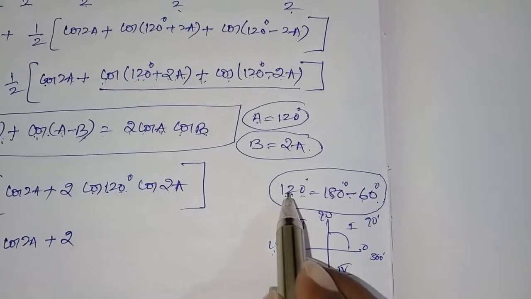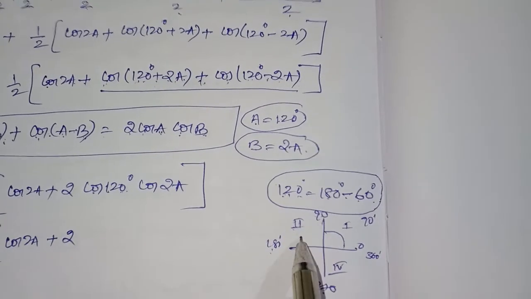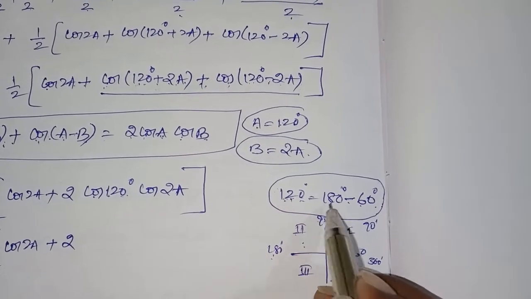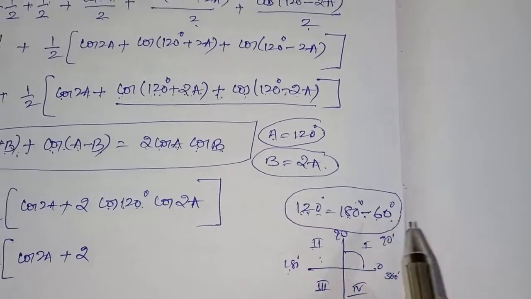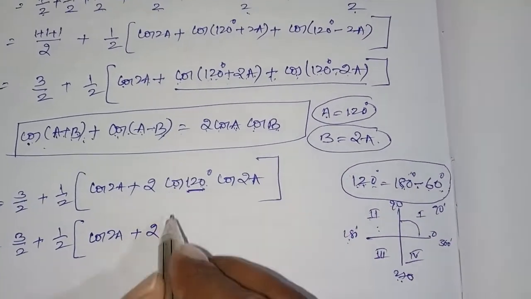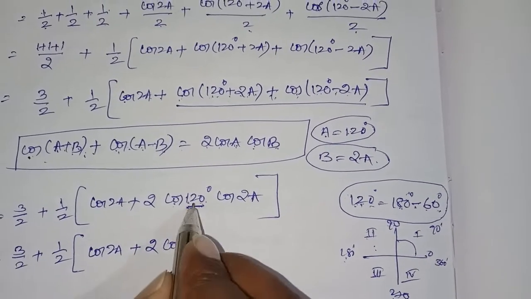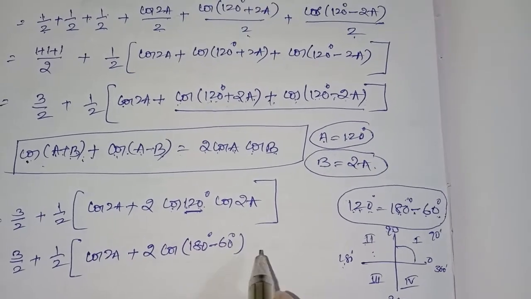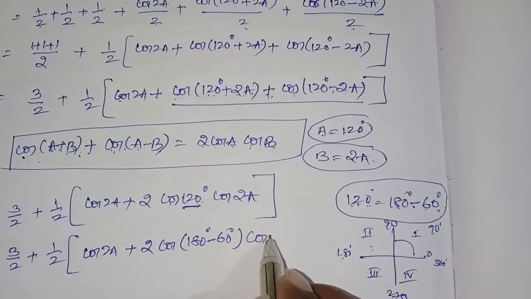So here we have 120, it is in the second quadrant. So in the second quadrant we can write this 120 as 180 minus 60 degrees. So instead of 120, write 180 minus 60, into cos 2a.